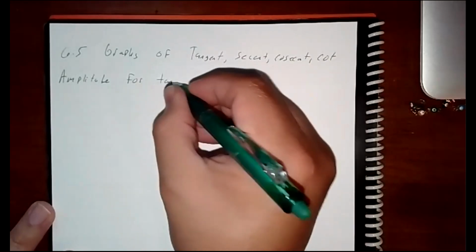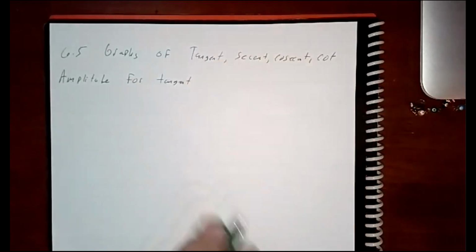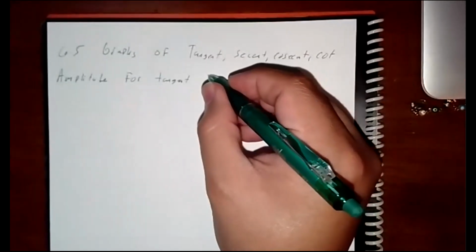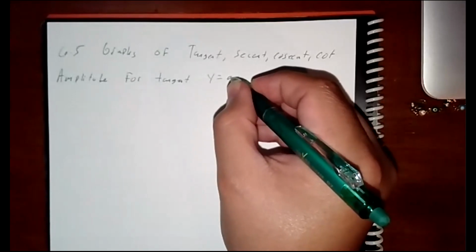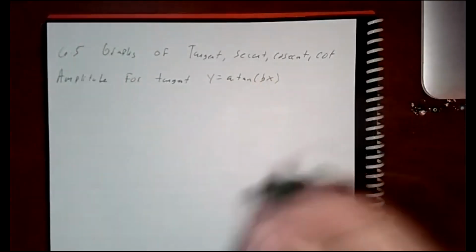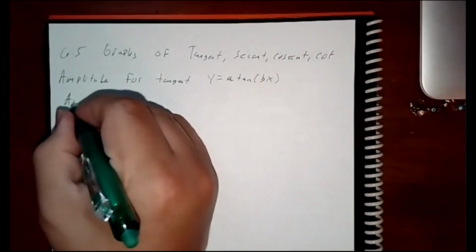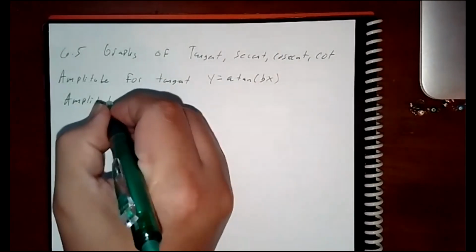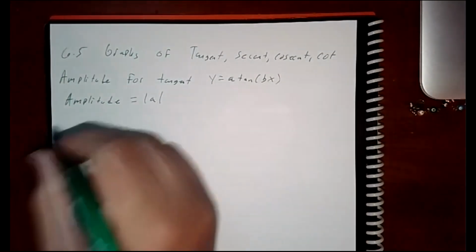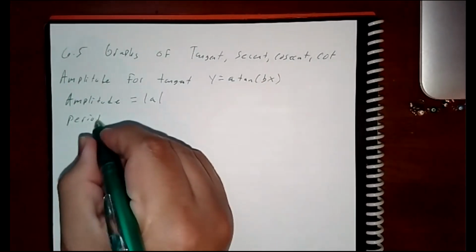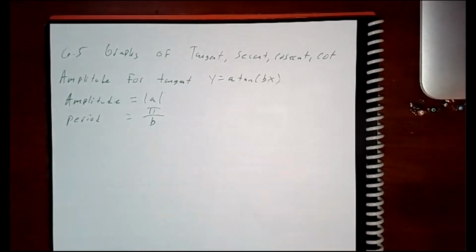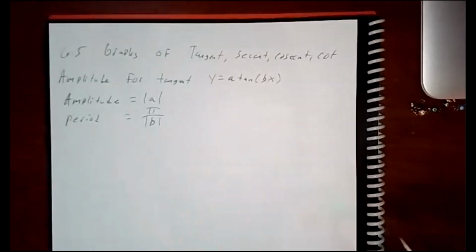For tangent, y equal to a tangent of bx is going to be this. Just the a, same thing. Period, though, is going to be pi over b, absolute value of b, actually.